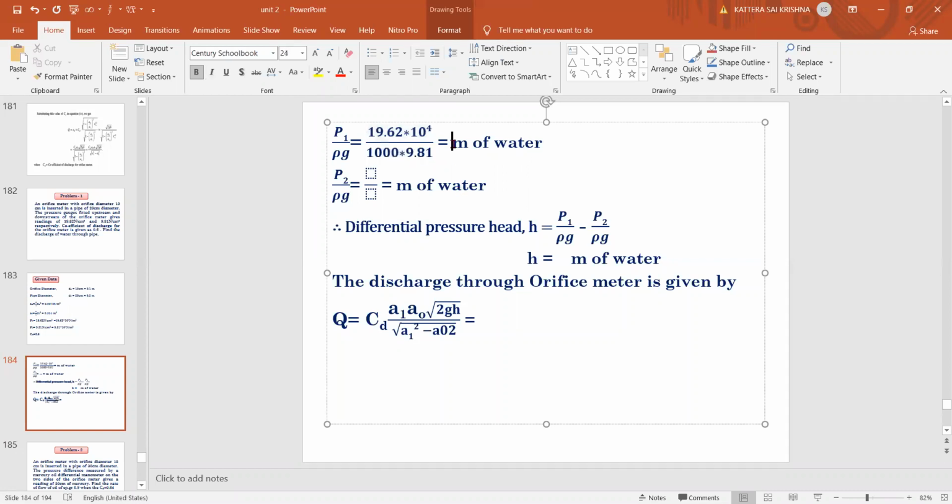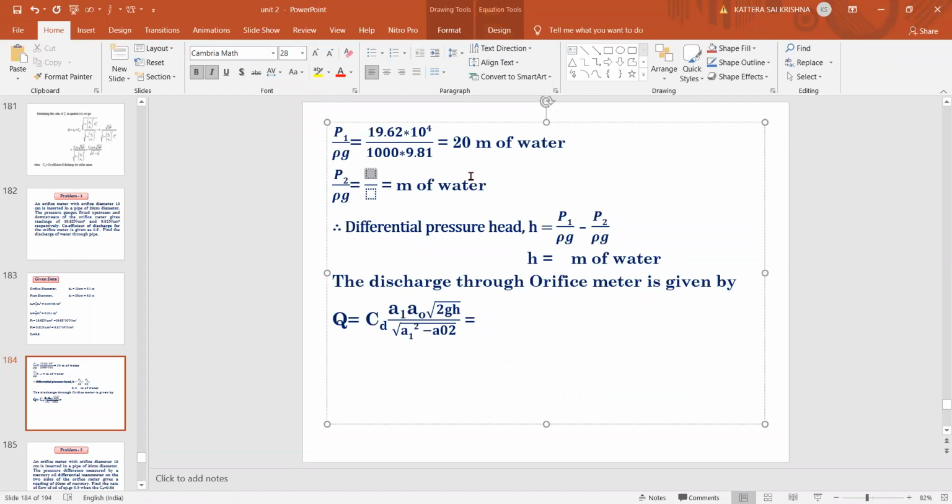Now calculate this value. You will get the pressure head at section 1 as meters of water. How many meters? 20 meters of water. Please write it down: don't write directly P1 by rho G. Write pressure head at section 1, P1 by rho G equal to 19.62 into 10 power 4 by 1000 into 9.81, which is 20 meters of water.